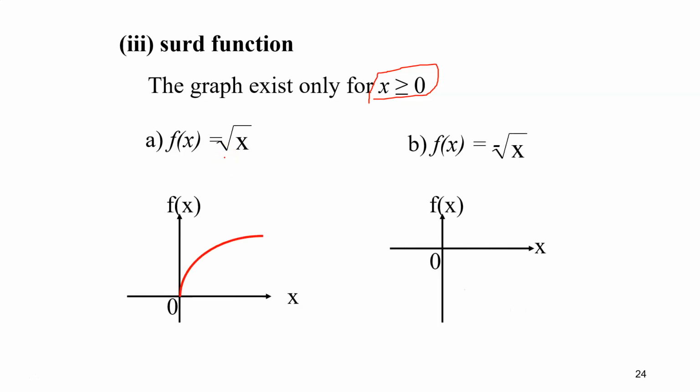And you see for this one, the negative can be outside the set, but cannot be inside the set. Okay? Maksud dia dekat sini, x must be greater than or equal to 0. X yang di dalam sini. But if you have negative outside the set, then it won't be a problem. So you just have a contra ataupun terbalik saja dia punya graph.